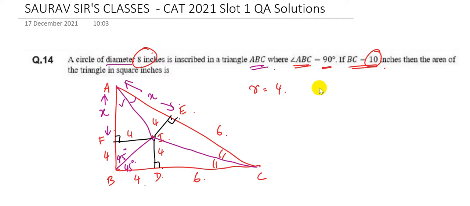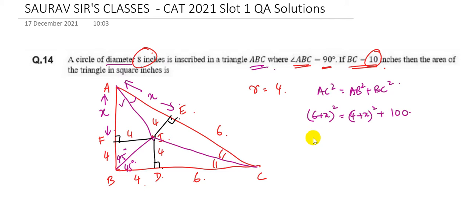So now I can write AC square equals AB square plus BC square, or 6 plus x whole square equals 4 plus x whole square plus 10 square, which is 100. So 6 plus x square minus 4 plus x square is 100.